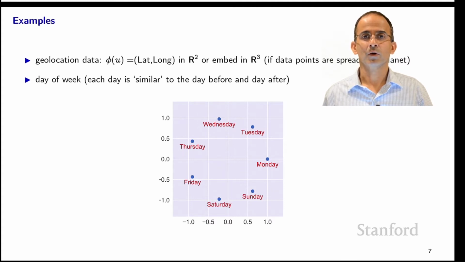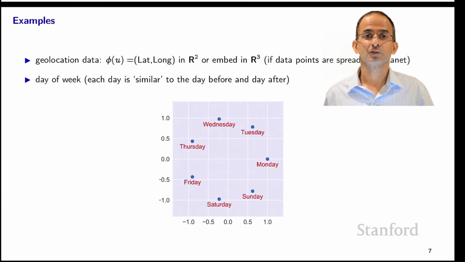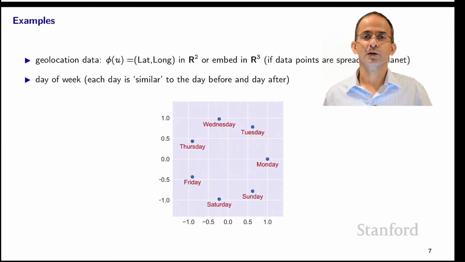We think about the world as a globe, and the globe has a natural embedding in three-dimensional space, and so we can embed our position on the surface of the globe as a position on the sphere in R3. Maybe that makes more sense if your data points are spread over the planet.